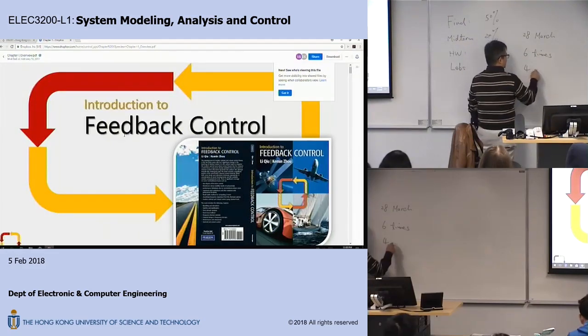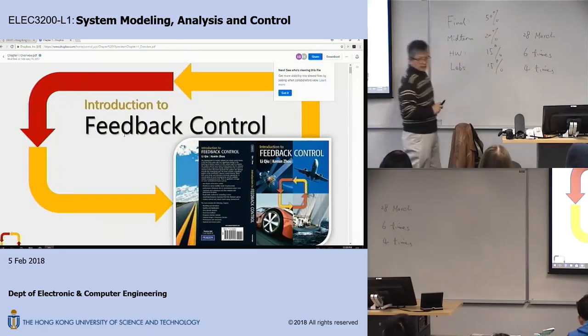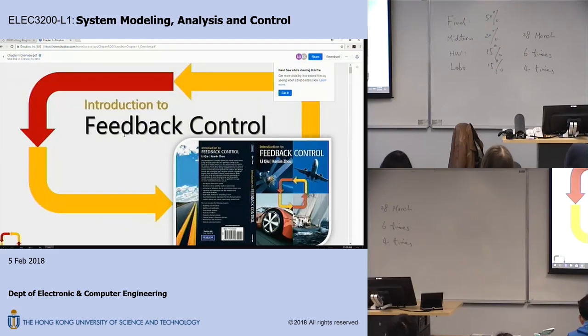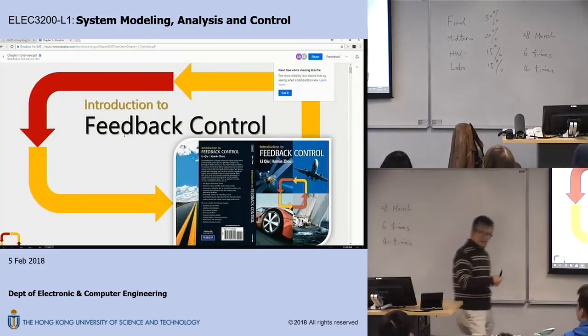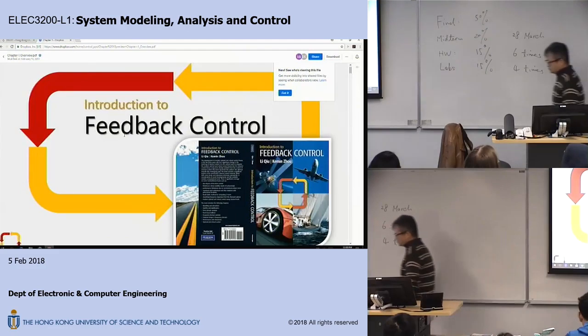We'll have 4 labs. So roughly every 3 weeks you will run a lab. Each lab is about 3 hours. So on average, you work 1 hour per week in the lab, but you don't really work every week. You work once every 3 weeks.